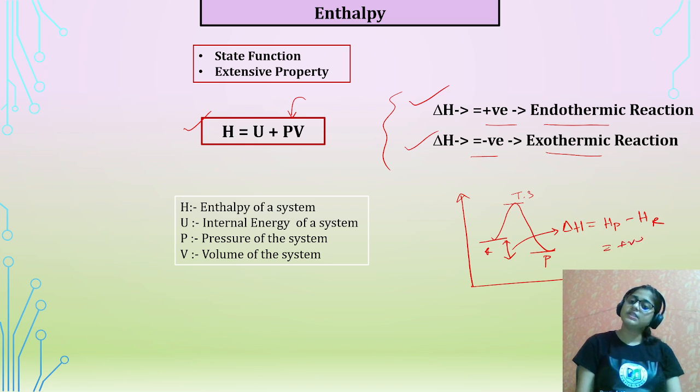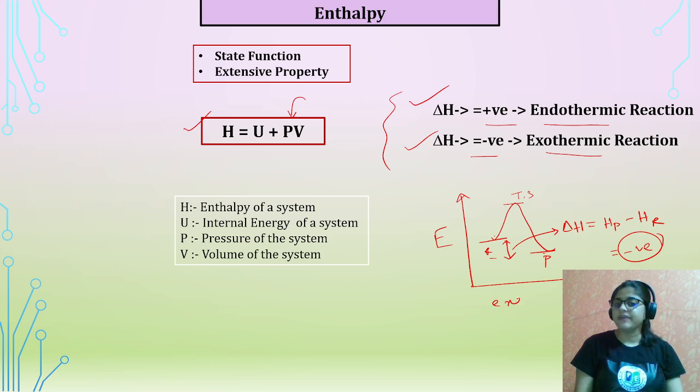If it is positive, that time we say that it is endothermic. In this case which I have drawn, is it positive or negative? You tell me. It is energy, right? So the energy of P is less than the energy of R, so it will be negative, obviously. So it is an exothermic reaction case.